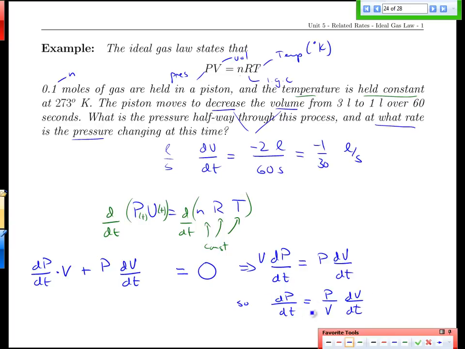So this is the rate relationship that's always true. Now we want to know what that value is going to be halfway through this particular scenario. And we still have to find the pressure when we do that. So we'll move that all to the next page to calculate the pressure halfway through and then the resulting rate of change of pressure.